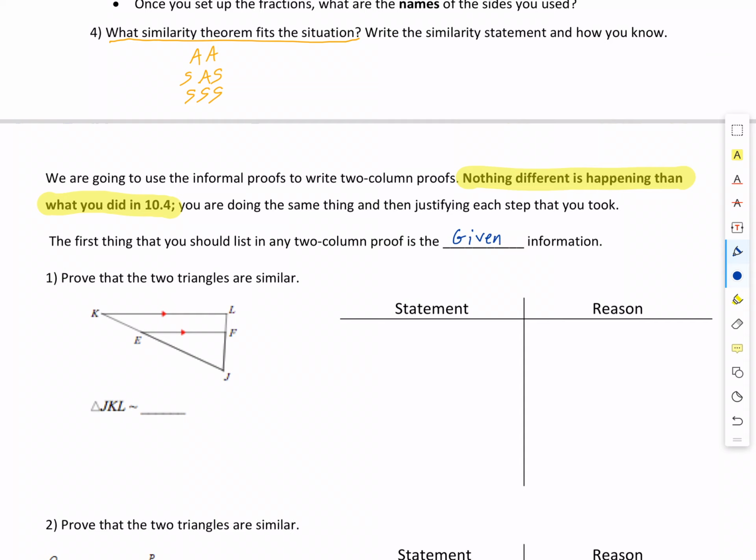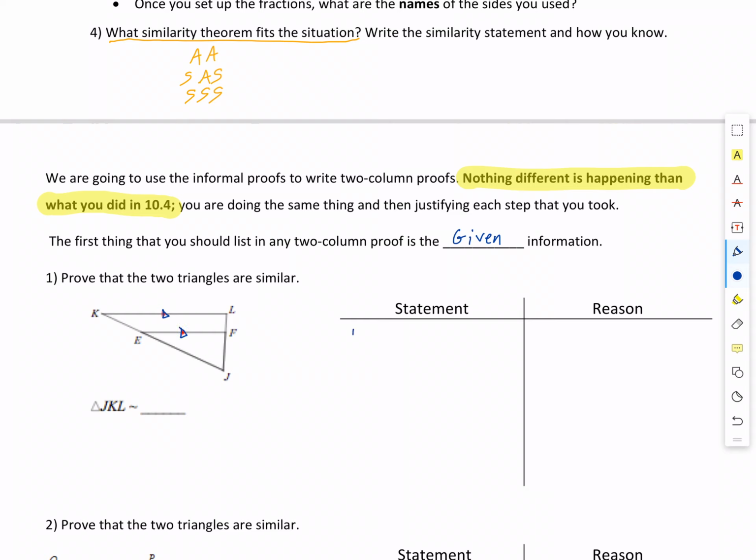Okay, let's look at one of these. What's one of the things we know? Well, we can see that they both have this little triangle here, so that means they're parallel.